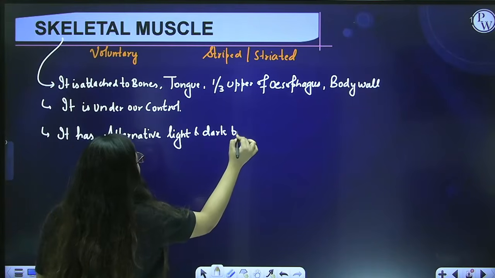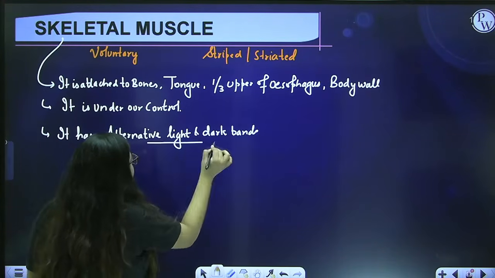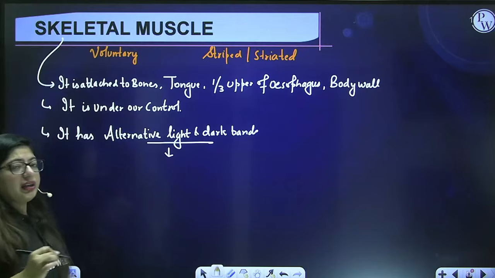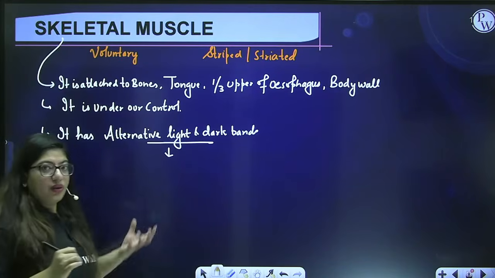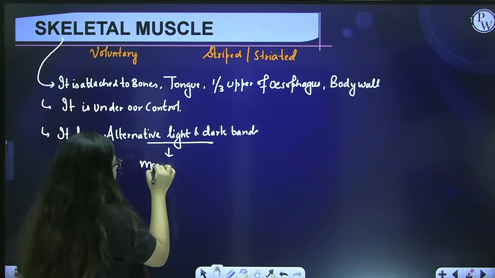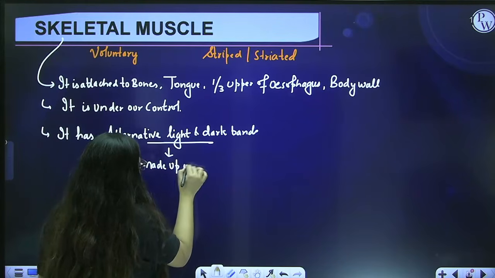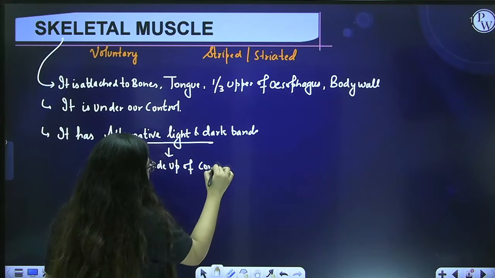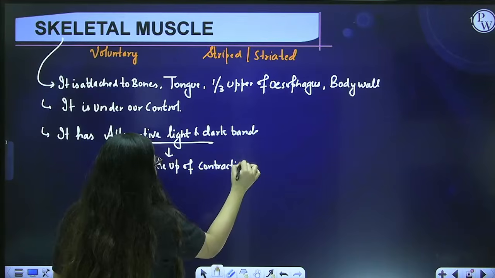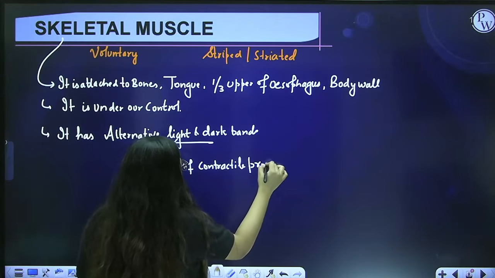These alternating light and dark bands are formed of contractile proteins. What are they made up of? Contractile proteins, myofilaments.